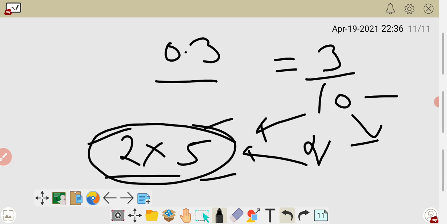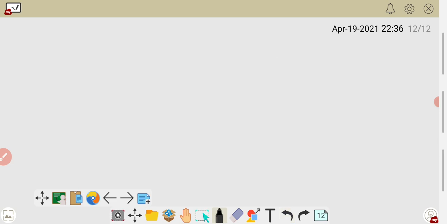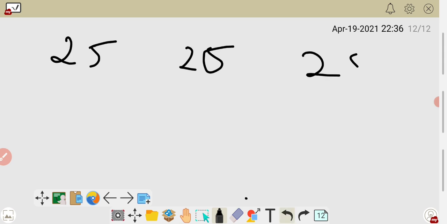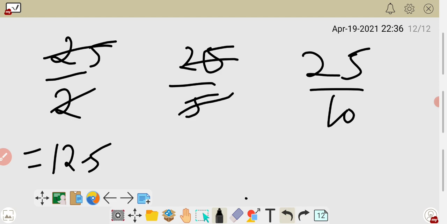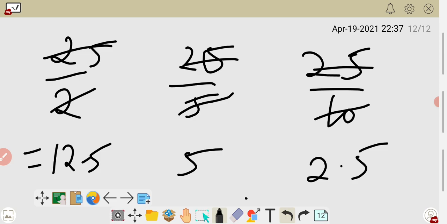Now I am showing you with one common example. Now see, suppose 25, divided here by 2, here by 5, here by 10. One example I am taking. Then you get 12.5 here, 5 here, and 2.5 here. So it is a terminating decimal.